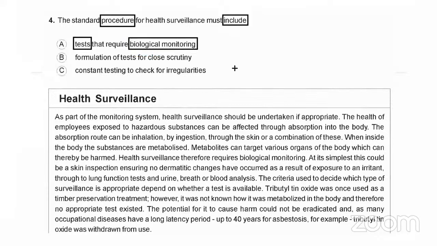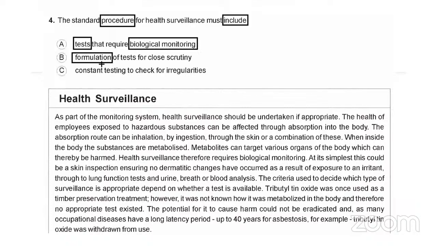Include tests that require biological monitoring. Formulation of tests for close scrutiny. Scrutiny means study, research. Monitoring means just check.